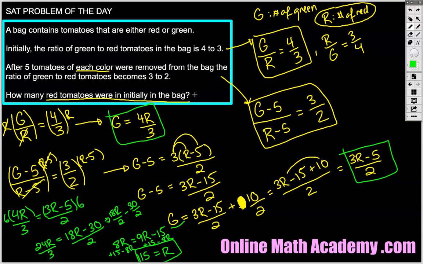Also important is understanding what you're actually being asked, and introducing some variables. All these are ways to problem solve effectively on the SAT. There are quicker ways to do this problem. I present it this way because if you understand this, that's the first step to doing it a little quicker.